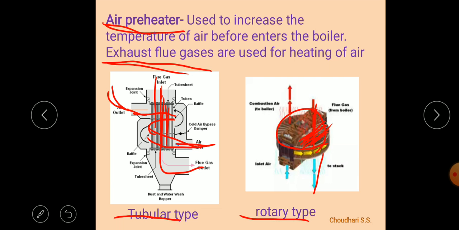When the wheel rotates into the cold region, air comes in contact with the wheel, which is now at high temperature, so the air gets heated. As the wheel is continuously rotating between the high temperature and low temperature regions, it absorbs heat from the hot flue gas and gives heat to the air in this region. So this is the air preheater used for preheating the air.